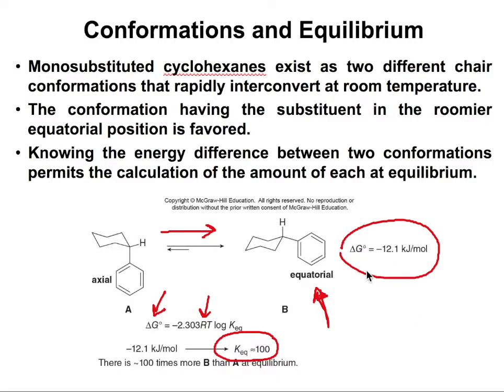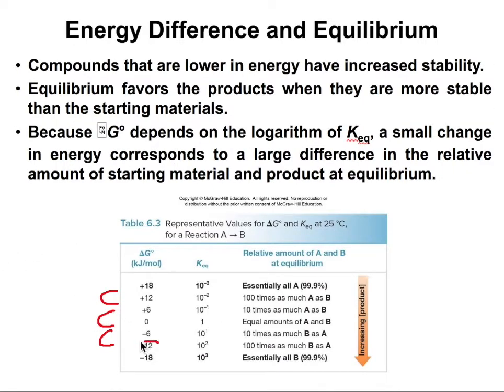So when the delta G difference is about 12 kilojoules per mole, the K equilibrium is 100, and so that tells us that there is 100 times more B than A. B is favored. So let's go back to that table. So you see here we have a minus 12 delta G that tells us that the K equilibrium is going to be about 100, and so we're going to have 100 times more B than A.